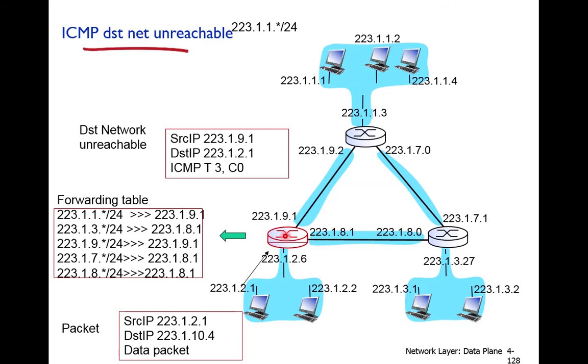So the router discards the message when the route is unknown, but it generates an ICMP message called destination network unreachable. The source IP address will be the IP address of the router which discarded the packet, and the destination IP address will be the sending machine. The ICMP message type will be 3 and code will be 0. This will be sent back to the sending machine.